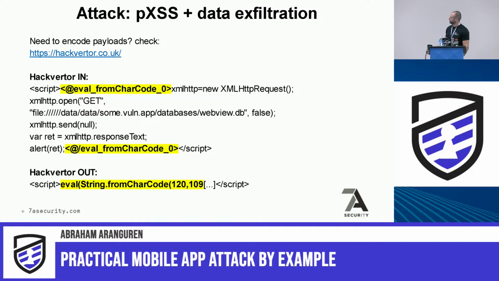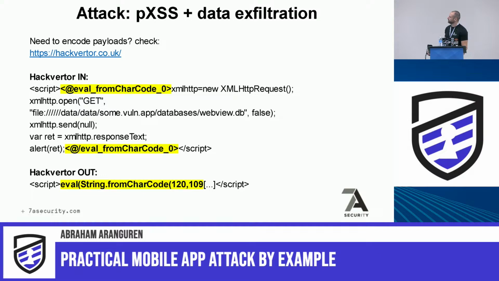Basically, you put whatever XSS payload you have, and then there are different encoding mechanisms. One is eval fromCharCode. What this does is, if you don't have any single or double quotes anywhere, it gives you equivalent JavaScript, but without single or double quotes anywhere.